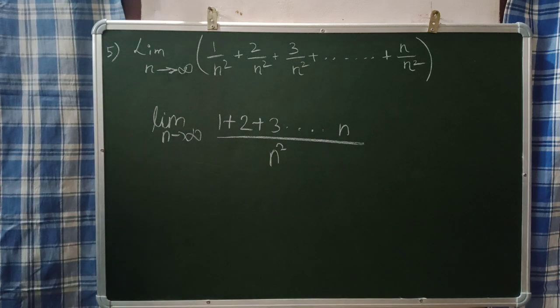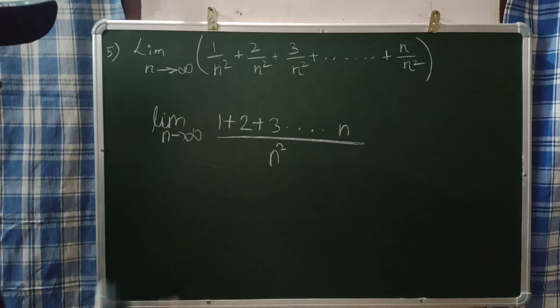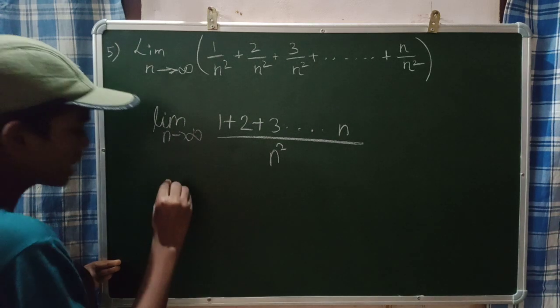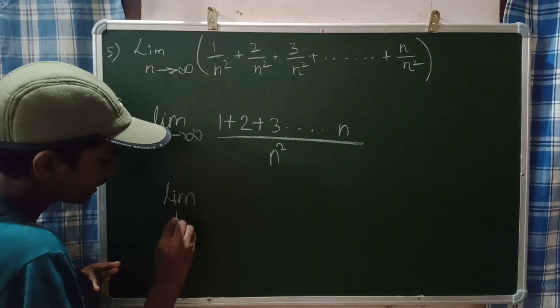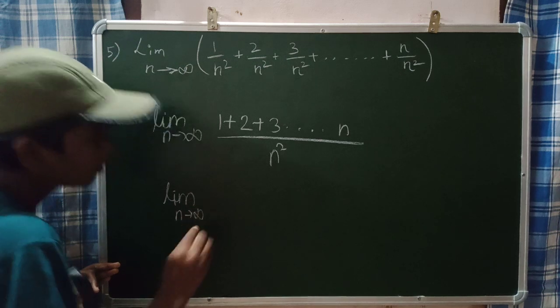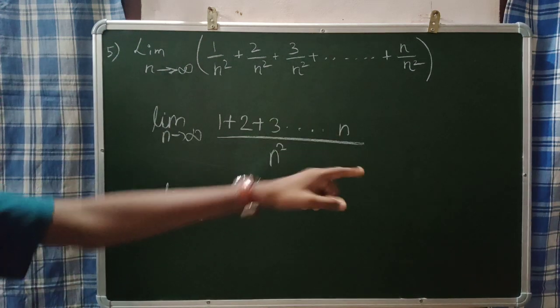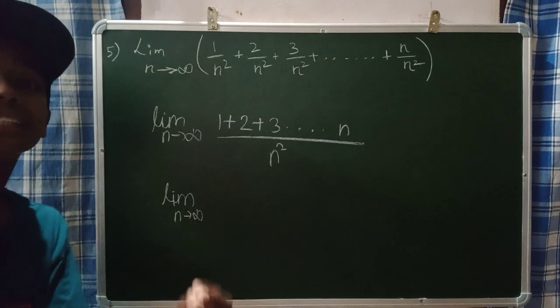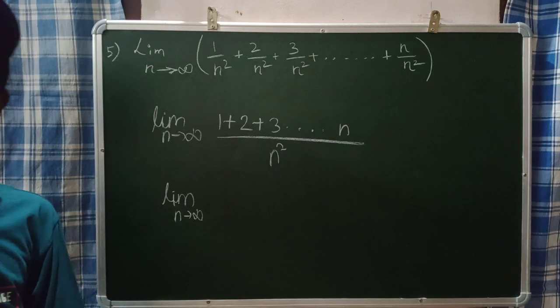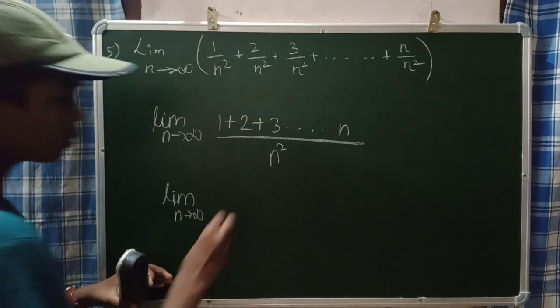Now this can be written as limit of n tends to infinity of 1 plus 2 plus 3 up to n number of elements, nothing but the sum of first n natural numbers. The sum of first n natural numbers is n into n plus 1 divided by 2.